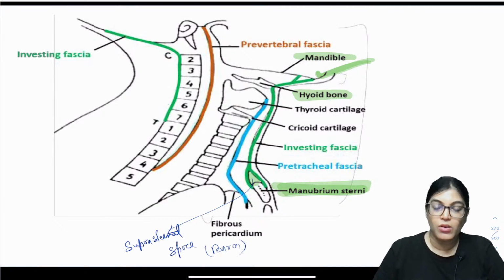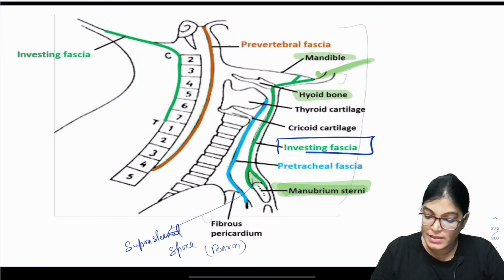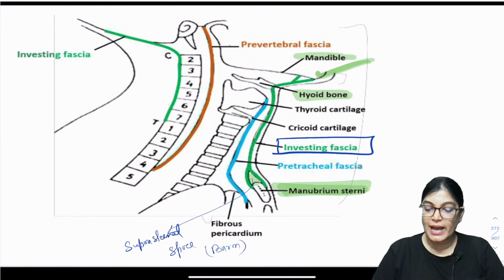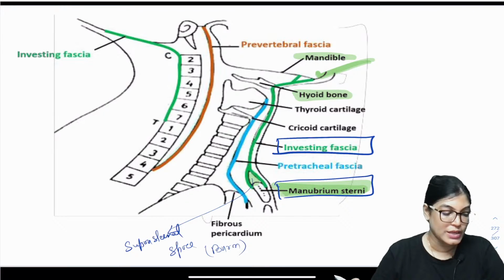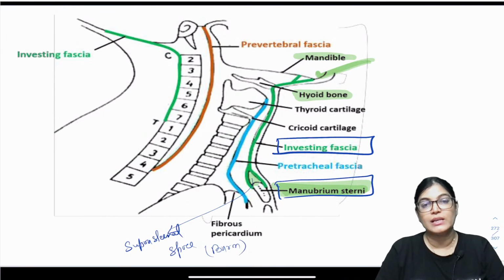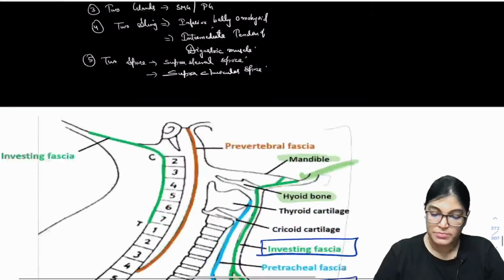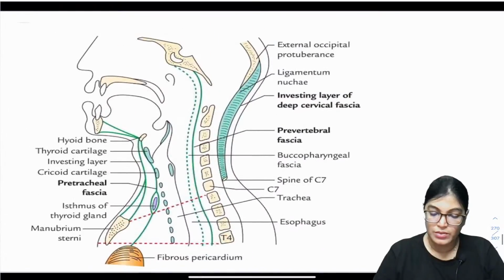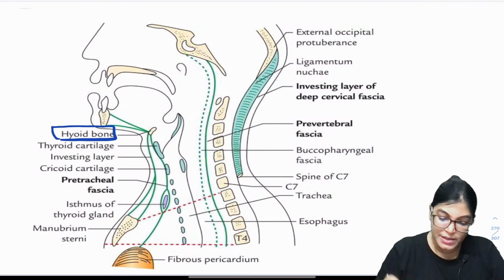Also, as you can see in this diagram, the investing layer attaches lower to the manubrium sterni. This is how the investing layer has been shown in this sagittal section. One more diagram is there, let me show that also. Here, similar to that, the hyoid bone is here, from where it passes above to enclose the glands.